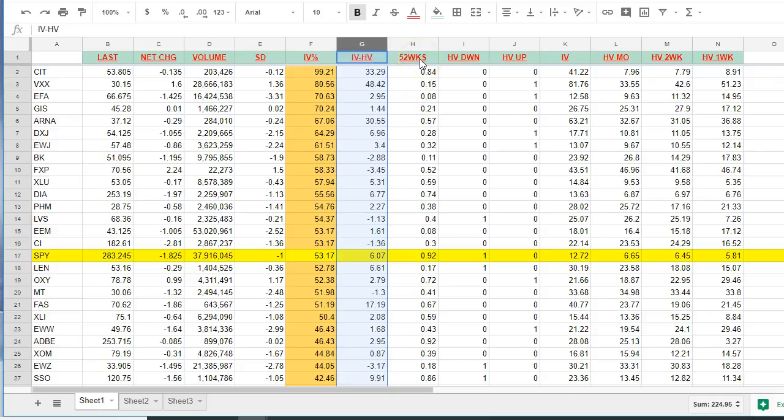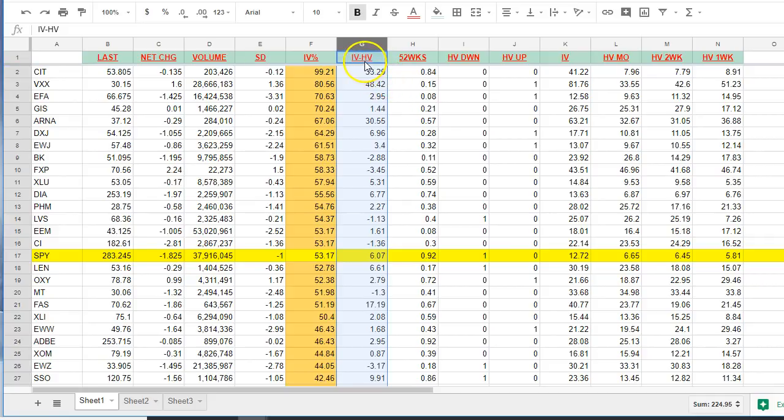And obviously this is a 52 weeks range of its own range. If it is above 95 or below 5%, that's a no-go. Anywhere else above 5, below 95, that's the range you want to be in.